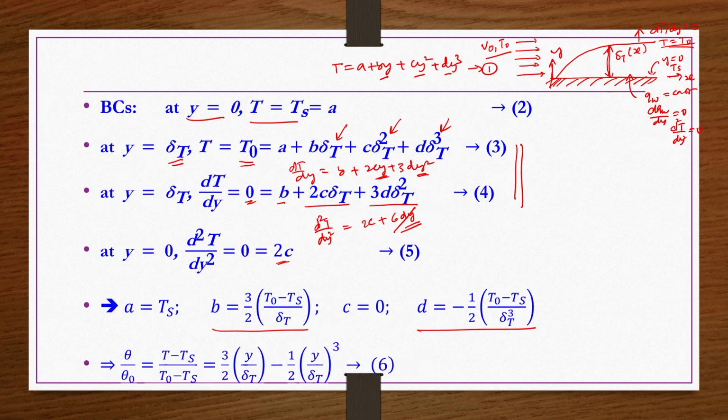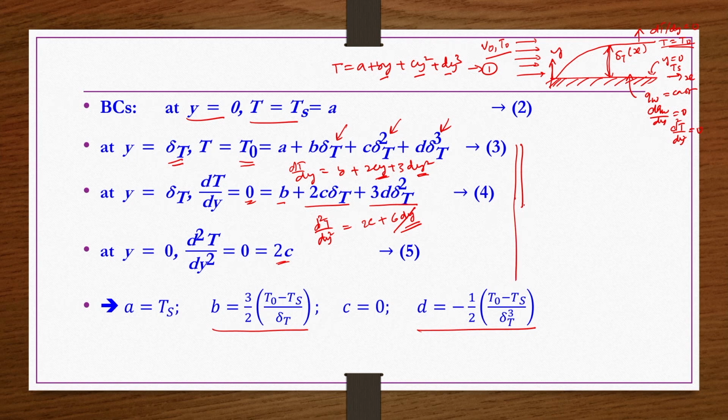So, when you substitute these in equation number 1, what do you get? T is equal to a, which is nothing but Ts, and b is nothing but 3 by 2 times T naught minus Ts by delta t, c is nothing but 0, and d is nothing but minus 1 by 2 times T naught minus Ts divided by delta t cube.